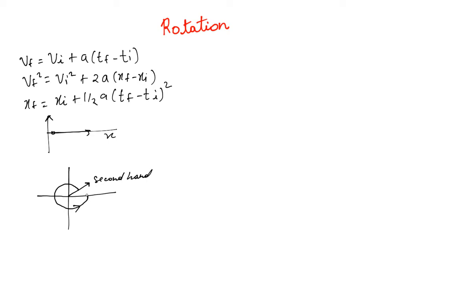As you can see, this hand starts with a certain angle, let's say theta i. As the clock hand moves, the angle increases, and when it reaches here, the angle is not 0, but instead it's 2 pi.